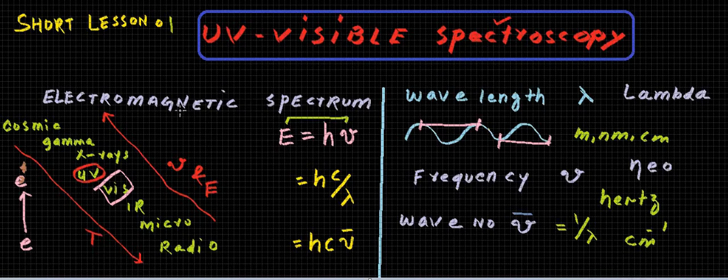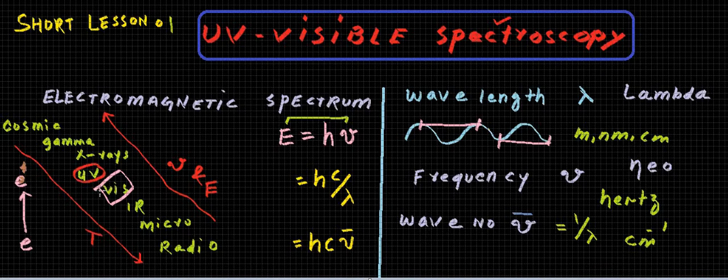So the ultraviolet and visible radiations are capable of causing electronic transitions in molecules, in atoms, and in matter.